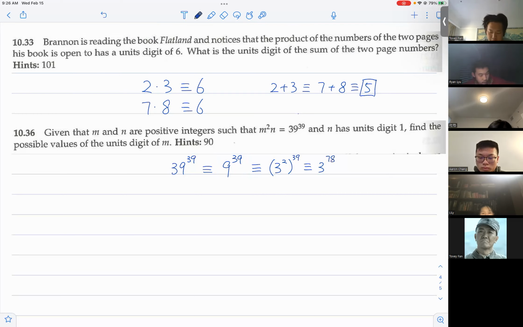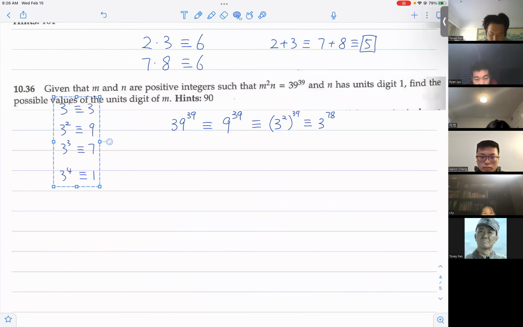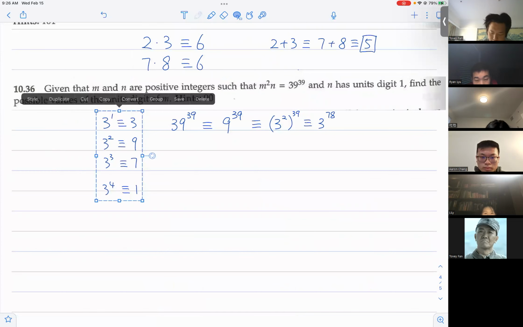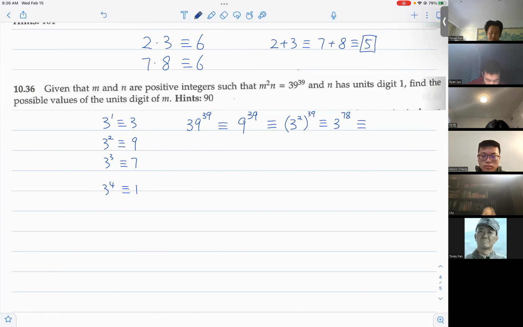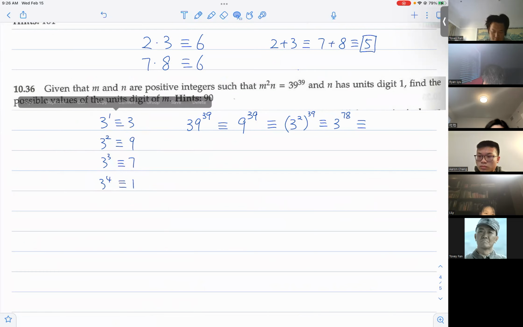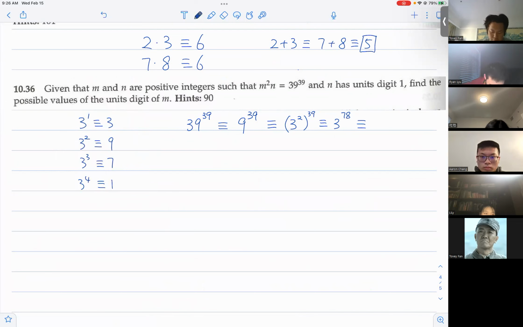Good. And then let's grab the pattern for 3 over here. So 3 to the 78th, that means the units digit is what? Remember, any multiple of 4 as the exponent will have a units digit of 1, right?